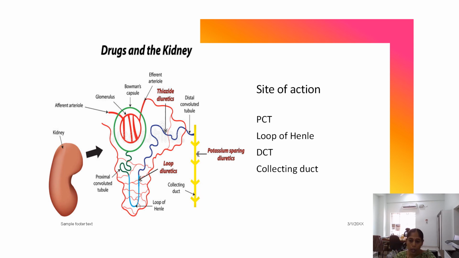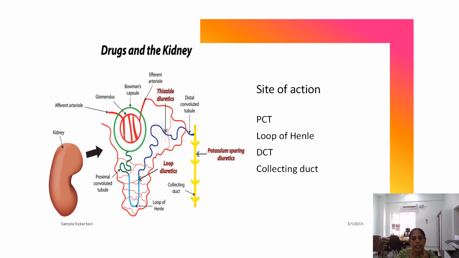Your carbonic anhydrase inhibitors act on the proximal convoluted tubule, right? So carbonic anhydrase inhibitors act on the proximal convoluted tubule. And loop diuretics, as the name itself implies, act on the loop of Henle. Okay, they act on the thick ascending limb of loop of Henle.